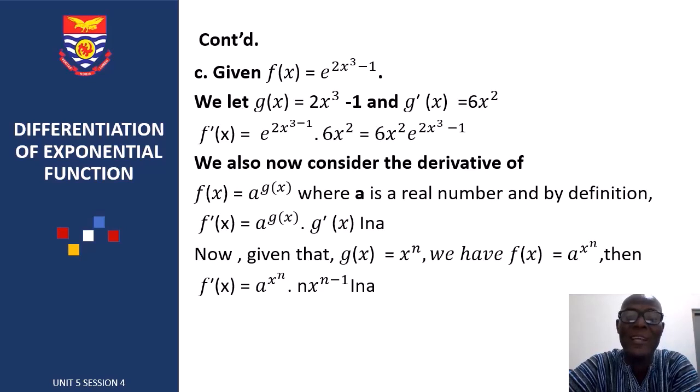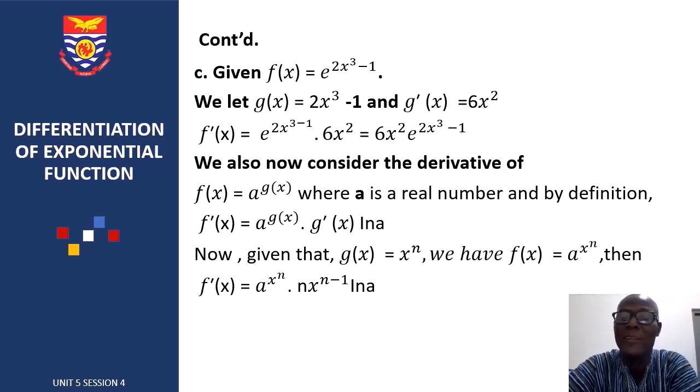So now, given that g of x equals x exponent n, then to find the derivative of f of x, we differentiate g of x, which is equal to x exponent n, and that gives n x exponent n minus 1.